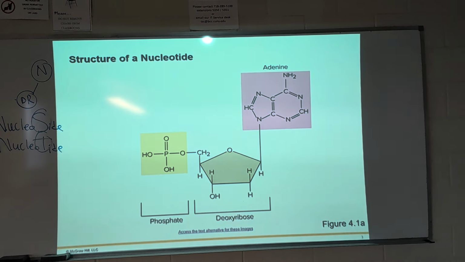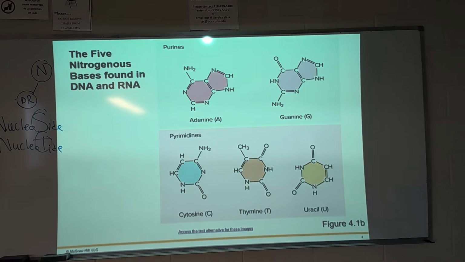And we said that nucleotides are micromolecules. The DNA is the nucleic acid that is made up of multiple nucleotides. So we have 5 nitrogenous bases divided into 2 groups, purines and pyrimidines.